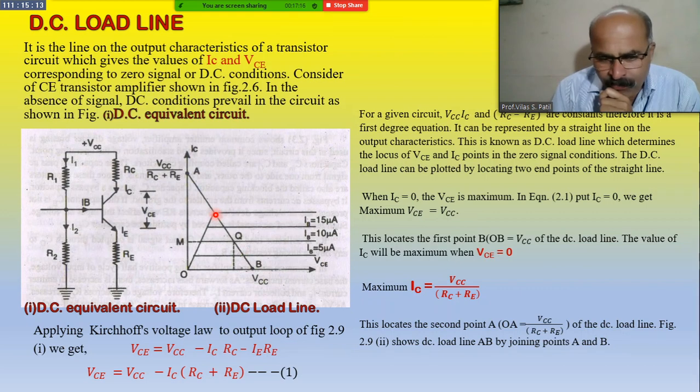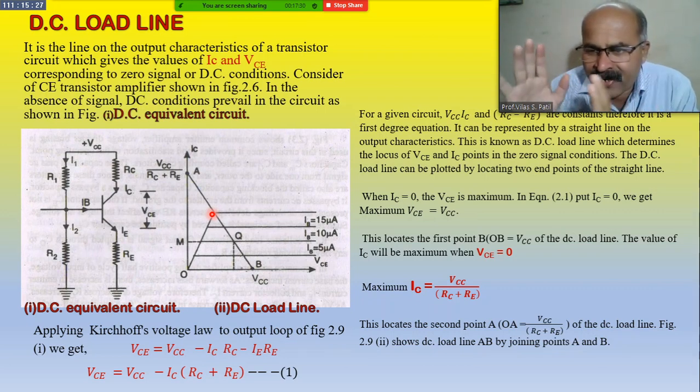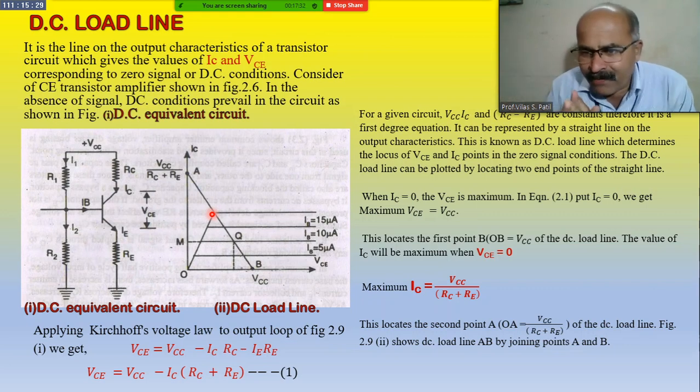The points above this region are in the saturation region. In this region, the transistor does not stabilize and does not operate as an amplifier.